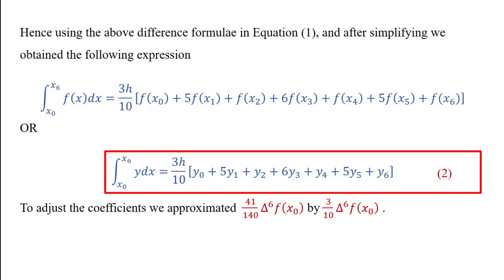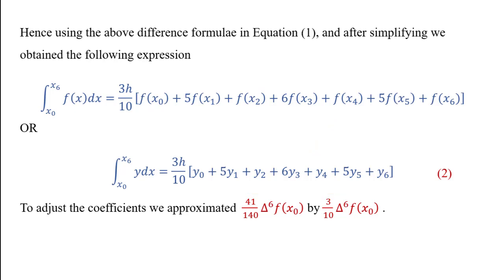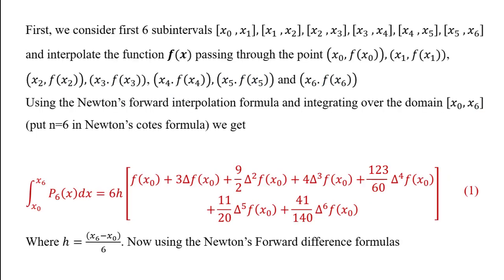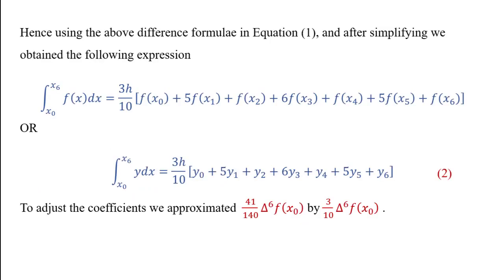To get this symmetric form of Wedel's formula we replace the expression 41 divided by 140 delta raised to power 6 f of x0 by the expression 3 over 10 delta raised to power 6 f of x0.